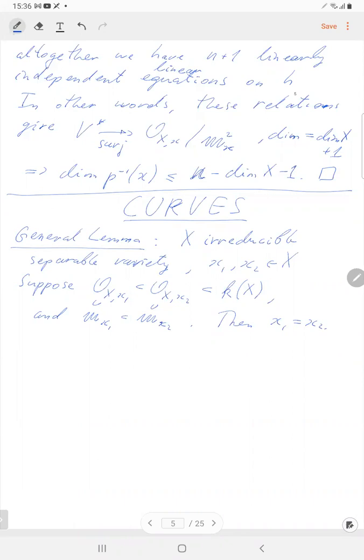Okay, so there's a natural bijection between smooth projective curves and fields of transcendence degree 1 over our basic field. We'll prove this next time, and today only a preparatory lemma. Okay, so let's prove this silly lemma.